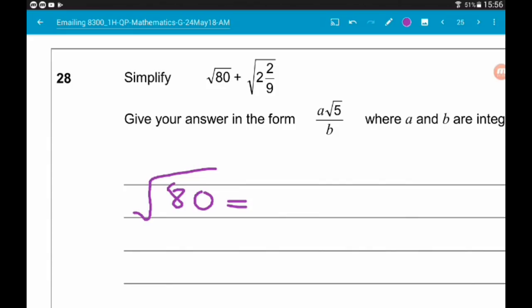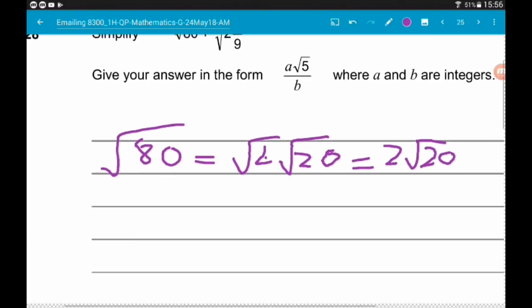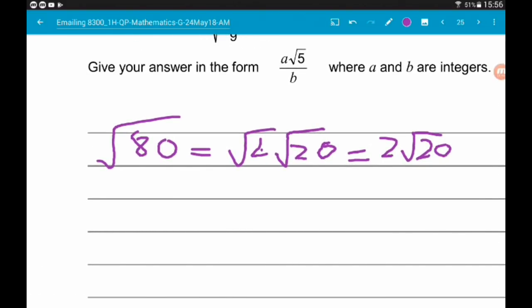Now, can we think of a square number that goes into 80? I'm not going to take the direct route. Let's say we swap 4 goes in. So we could write root 80 as root 4 root 20. Now this is 2 root 20. Now root 20 still has a square number in it.